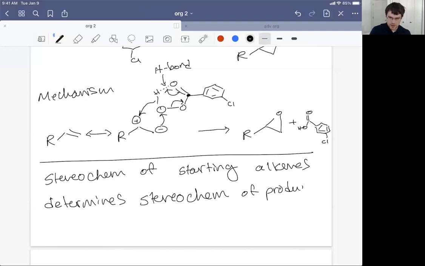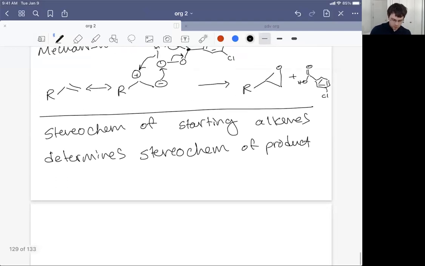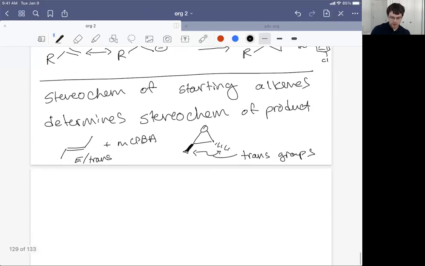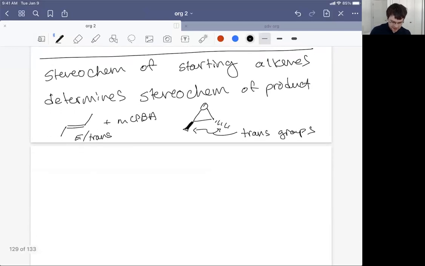Well, it's actually pretty straightforward. If we start with an E/trans alkene, and we react this with MCPBA, we will form an epoxide where the methyl groups are trans to each other. And similarly, if we started with cis, we would get cis.